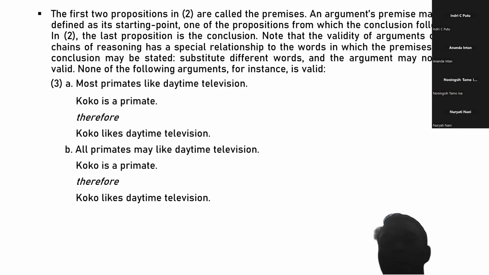Note that the validity of arguments or of chains of reasoning has a special relationship to the words in which the premises and conclusion are stated. Substitute different words and the argument may not be valid. None of the following arguments, for instance, is valid. Please have a look at the third one below.